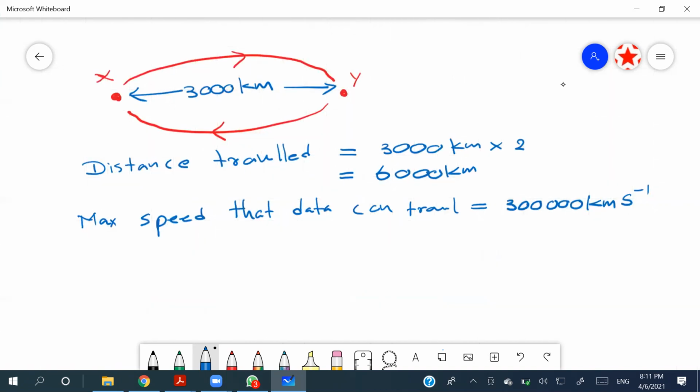So with these things, we can find the minimal time that can be recorded.